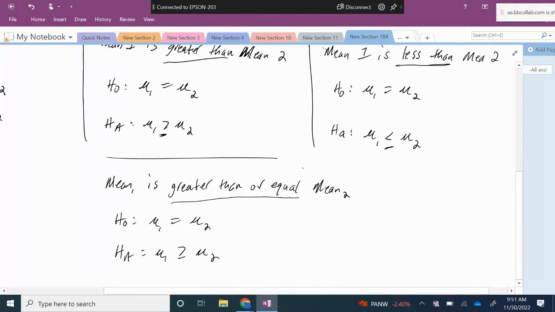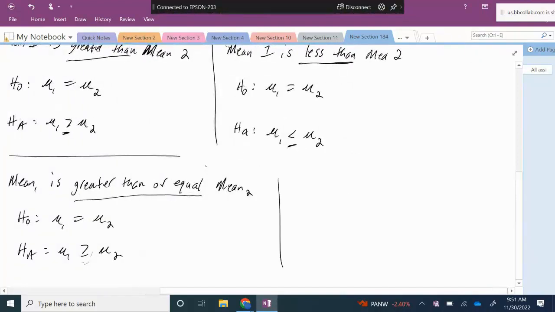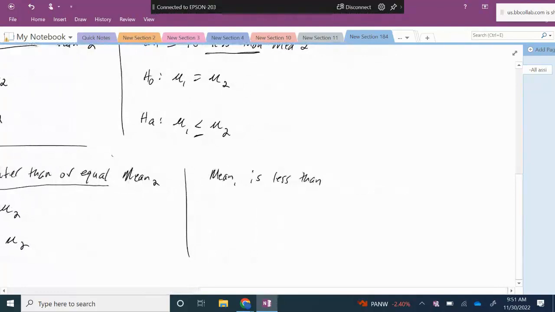As you're reading through the problems, you want to pay close attention to whether what you're testing is greater than or greater than or equal to, because if it's greater than or equal to, you must list that out in your alternative hypothesis with the equal to bar. And in the last scenario, mean 1 is less than or equal to mean 2.